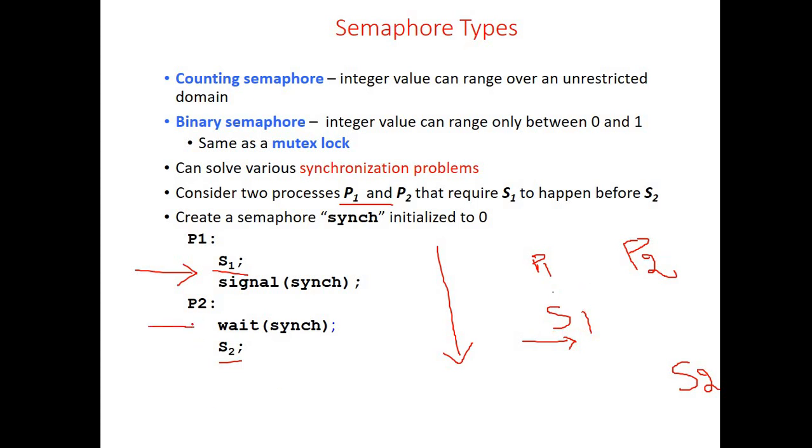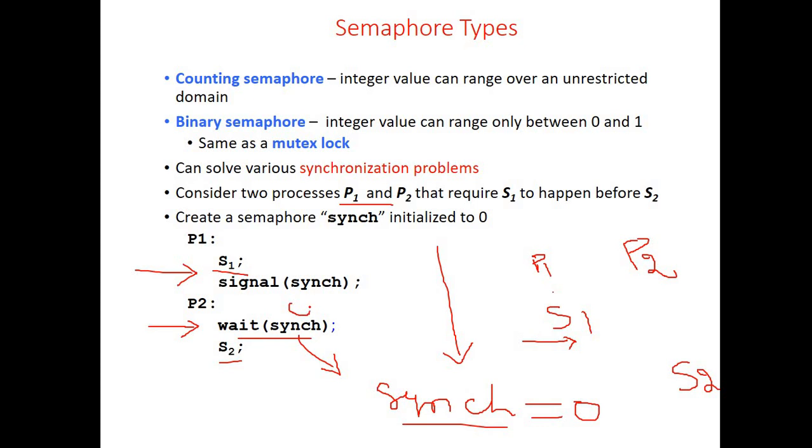Now process P2 wants to execute the statement S2, but S2 should complete only after statement S1 is completed. So therefore, the P2 process will be made to wait. In order to make the P2 process wait, the synchronization variable is initially 0.